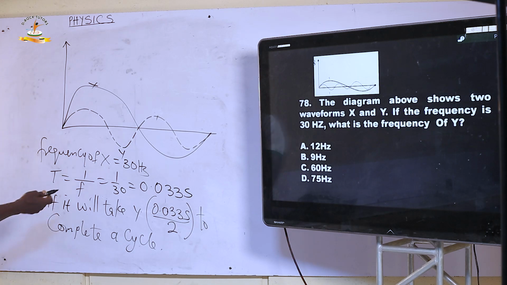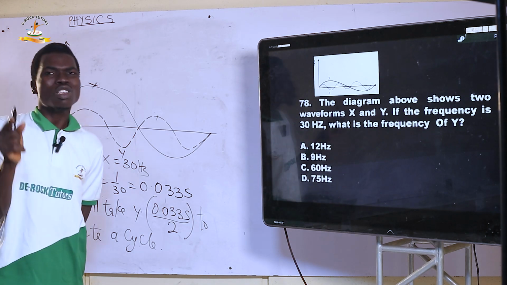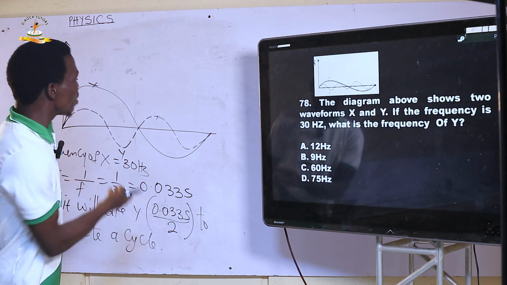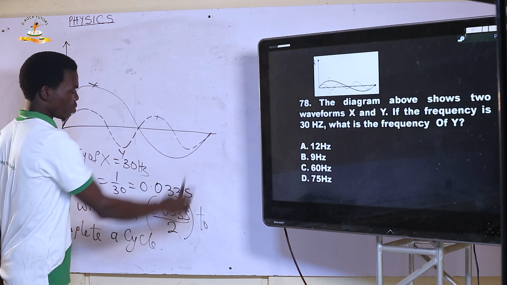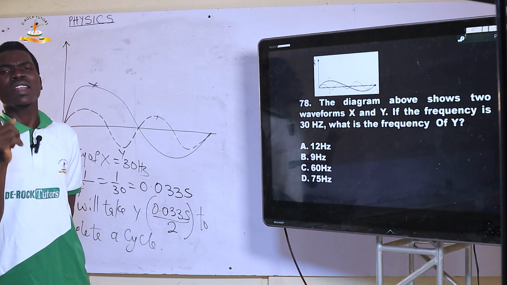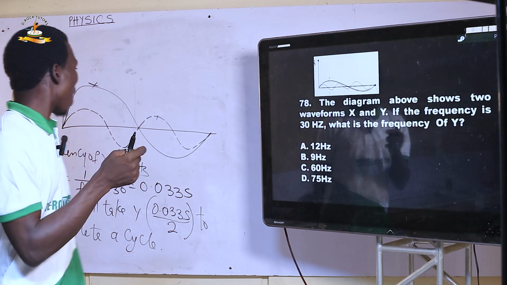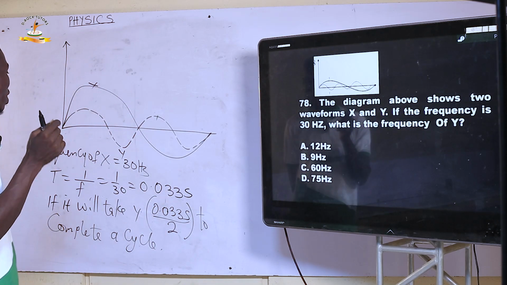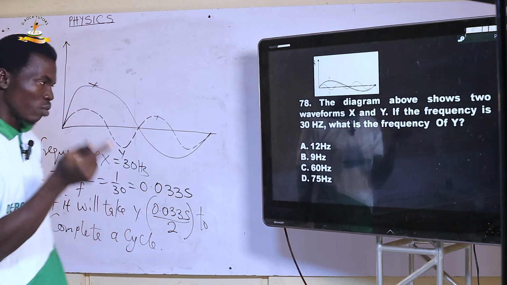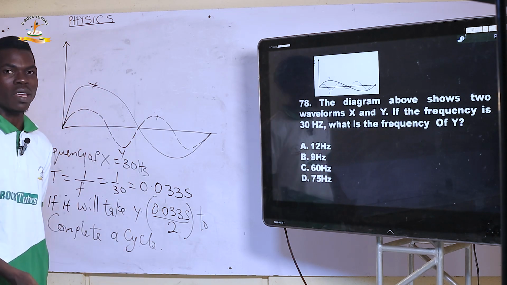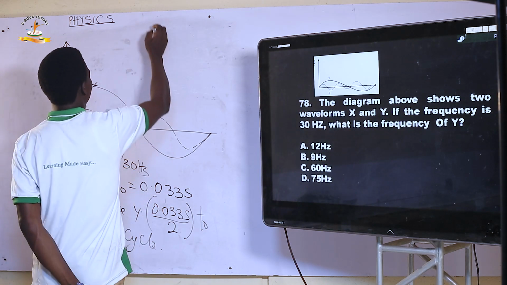So why do I have to say divided by 2? Because it completed 2 circles within this time period. You can see the first circle, the second circle. So if it took the same period, 0.033 seconds, to complete 2 circles, then to complete a circle, it will take half the time it took x.